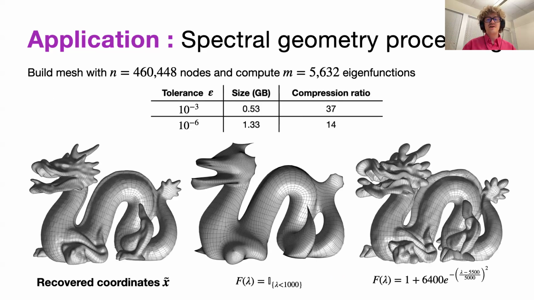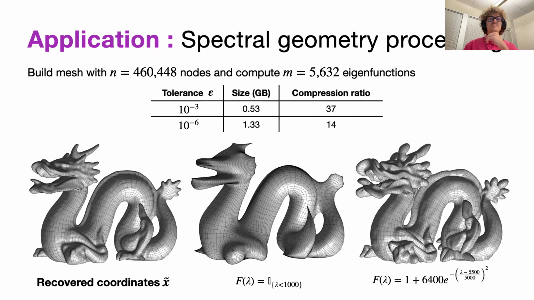So here we have the standard Stanford Dragon mesh, but it's a quadrilateral mesh that consists of about 500,000 tensor product Chebyshev nodes, and we'll compute about 5,000 eigenfunctions, which is sufficient to recover the mesh. The dense transform matrix phi takes about 20 gigabytes of RAM, which pushes the limits of the consumer laptop that I'm running all these experiments on.